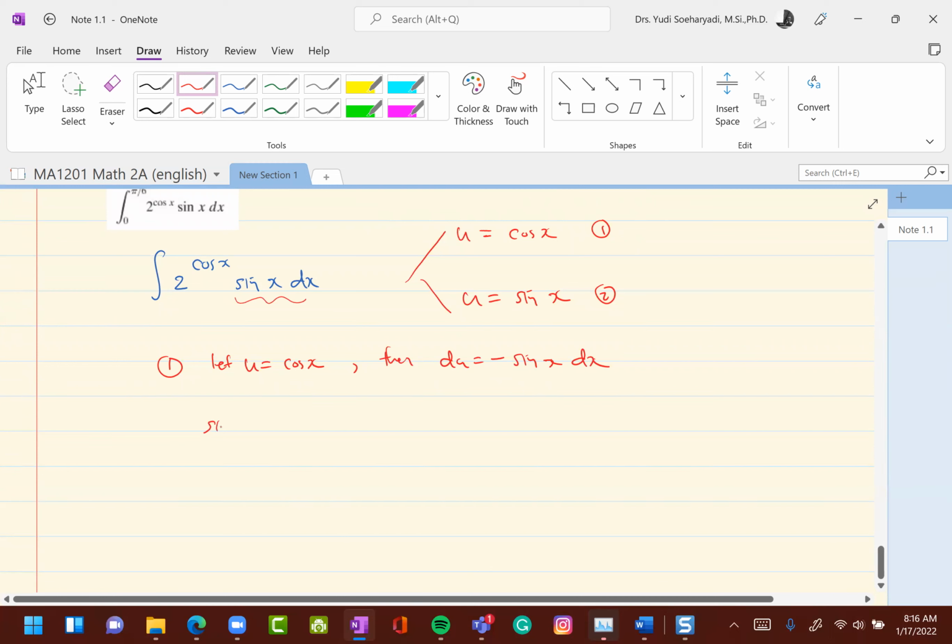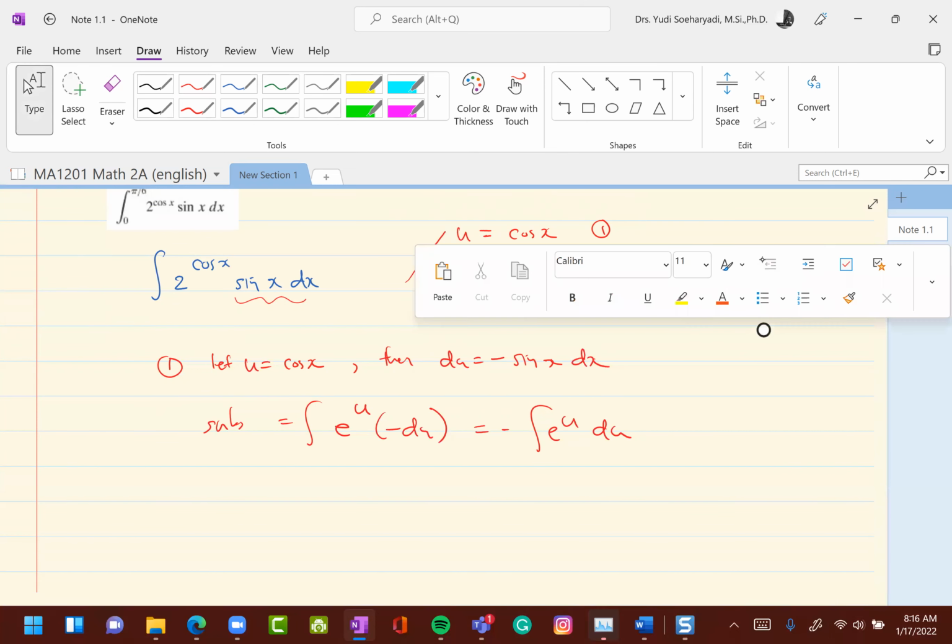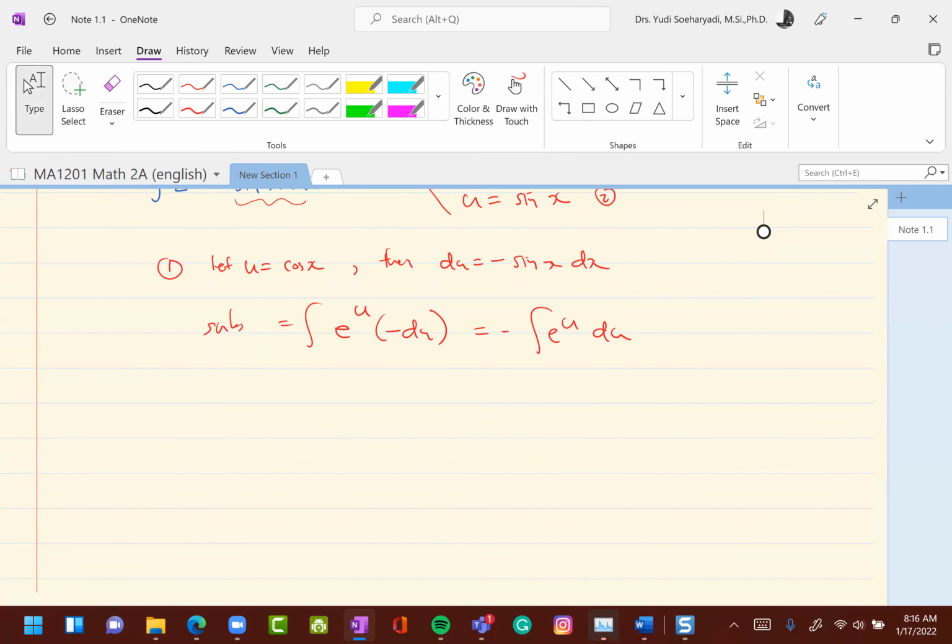When you use substitution, you get e to the u, and this is negative du. All right, so then it would be easy.